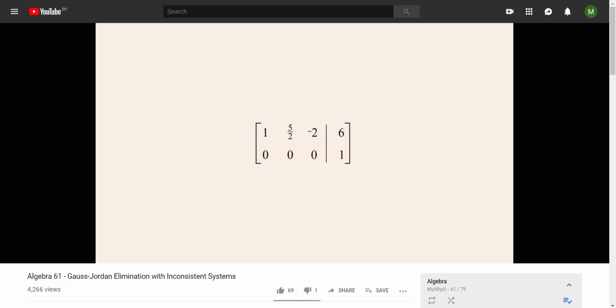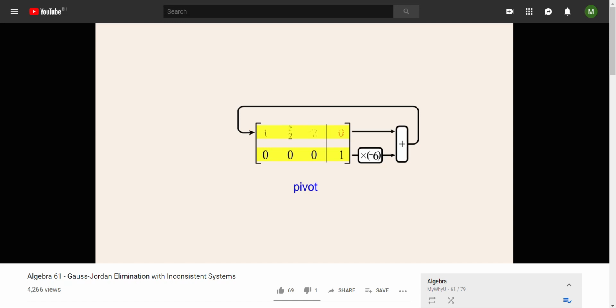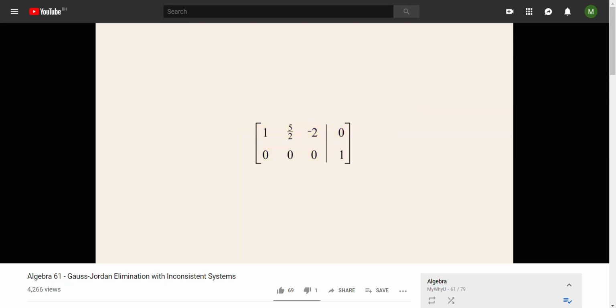And since each leading entry must be the only non-zero entry in its column, the entry above that leading entry must be zeroed using a pivot to add -6 times row 2 to row 1. Since every row's leading entry is a 1 positioned to the right of the leading entry above, and every leading entry is the only non-zero entry in its column, the matrix is now in reduced row echelon form.